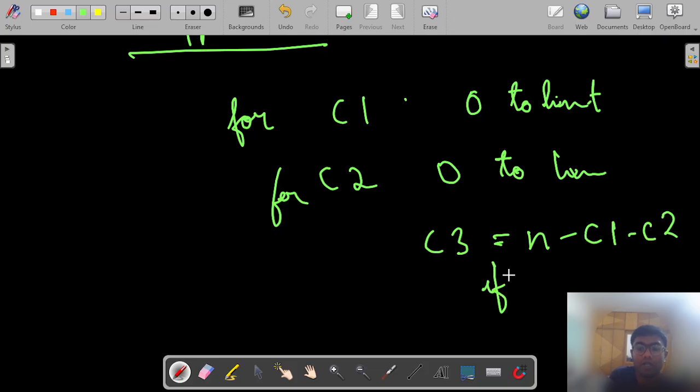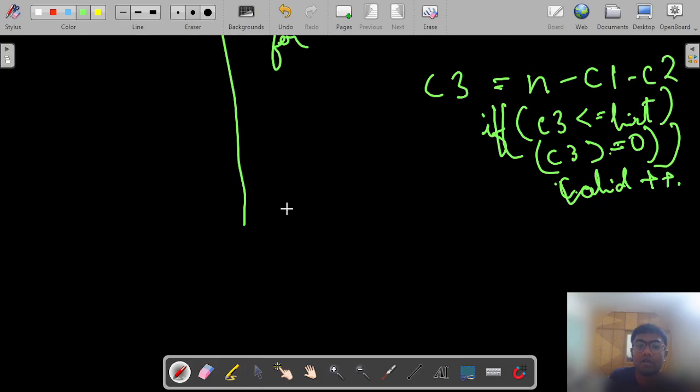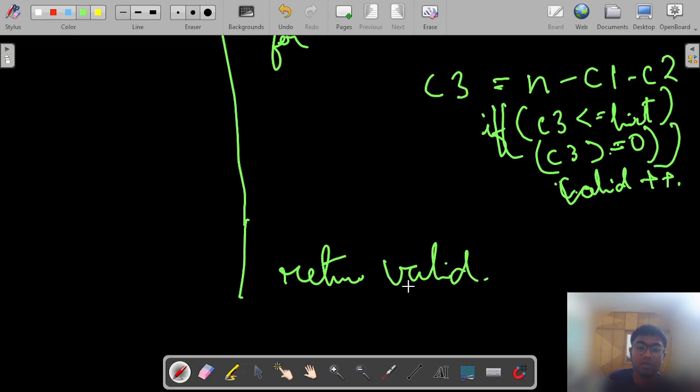We also need to check if C3 is less than or equal to limit, and also C3 is greater than or equal to 0, just as a boundary condition, and then we can count this as a valid combination. And we can simply return the count of valid combinations after this set of for loops, which would give us the number of combinations as per the question.